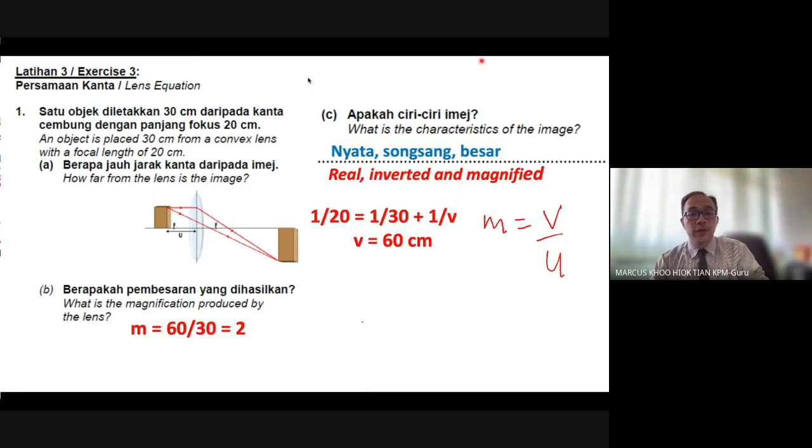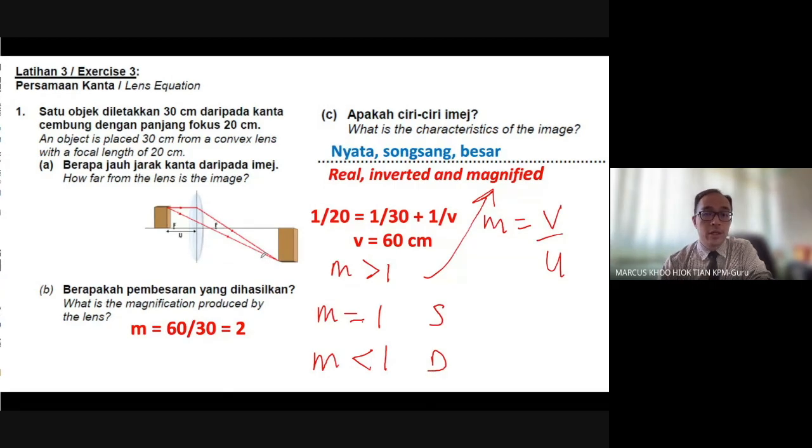You can put a note here: magnified means the magnification is more than 1. If the magnification equals 1, it is the same size. If the magnification is less than 1, it is a diminished image. But in our case, since we are only interested in real images, it will always be real and inverted. We're not talking about the virtual image yet.